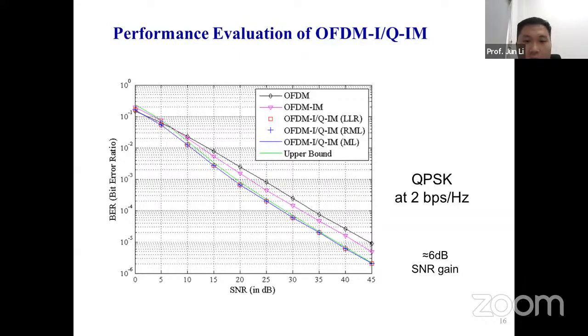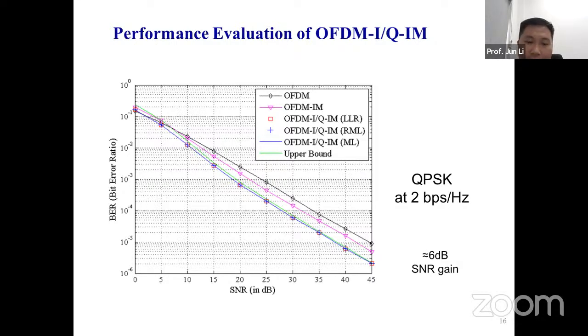So in the high SNR, the subcarrier active pattern will not be wrongly detected for the OFDM-IQ-IM, and it has a larger length of the index space compared to the OFDM-IM.